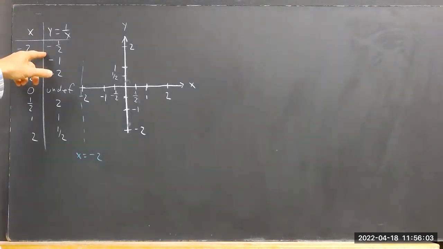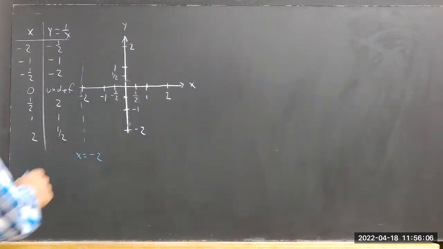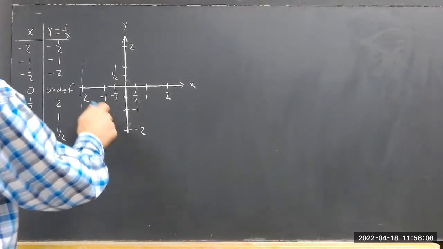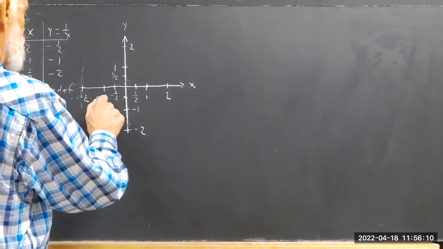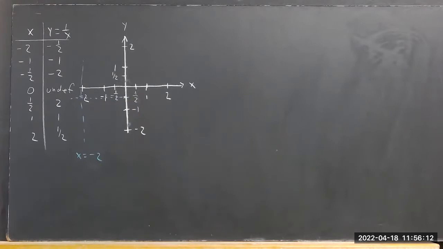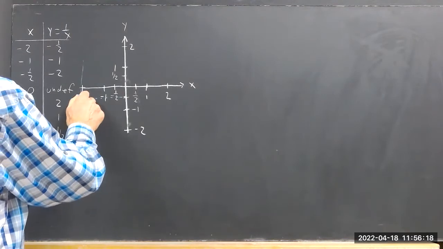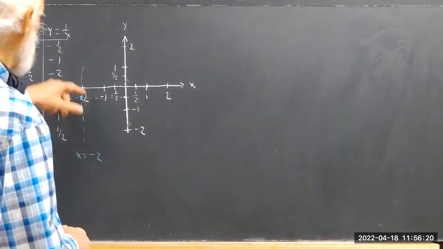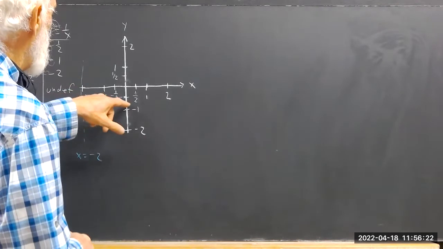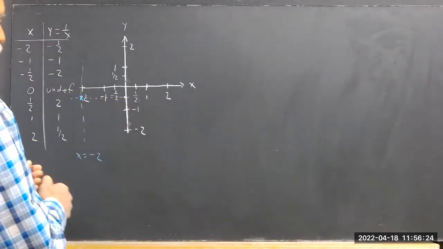And y is -1/2. Well, it's kind of unfortunate in the way I labeled this because I wasn't fully seeing it. So this is going to interfere with my -2, but I'm going to have a point here. Okay, so when x is -2, y is -1/2.